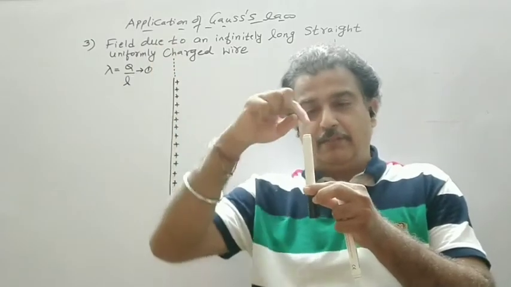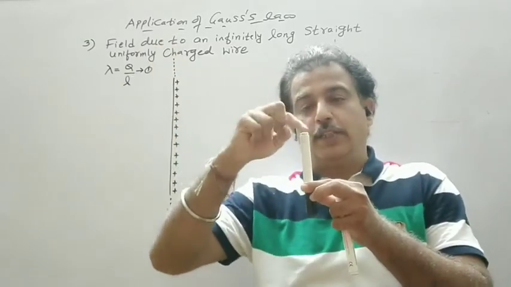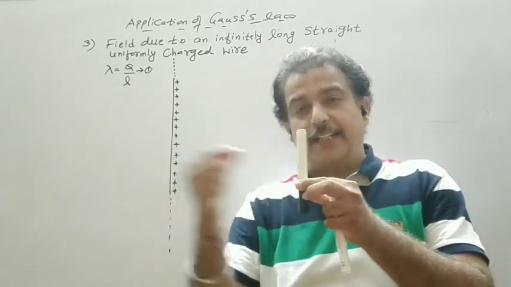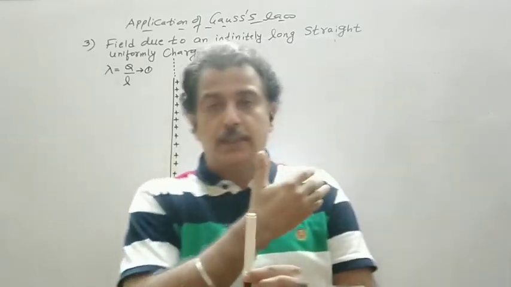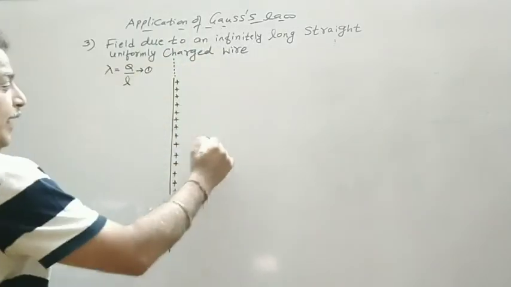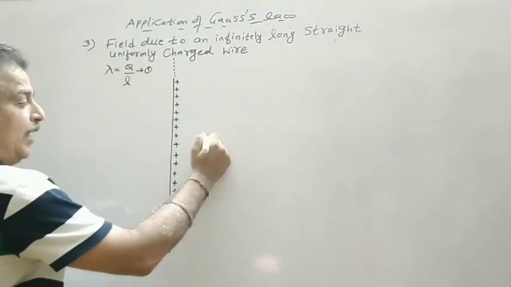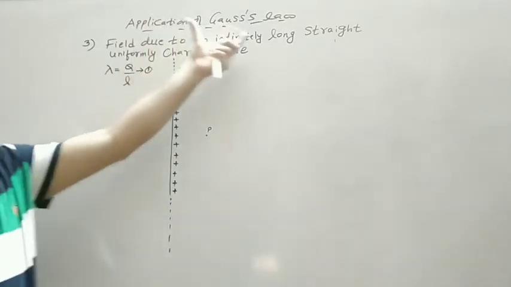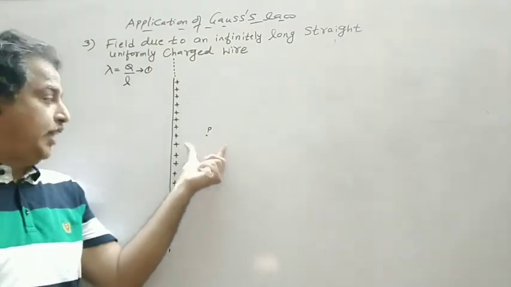That we will see later. So for the time being, because the field lines are radially outward, as we have proved, I have to find out the electric field intensity at point P. So the question is, use the Gauss law and find out the electric field intensity at point P.